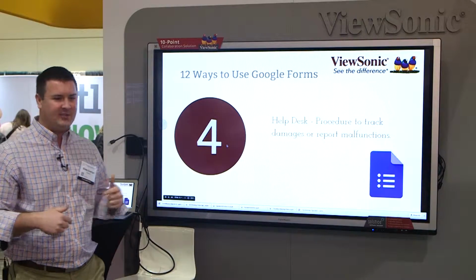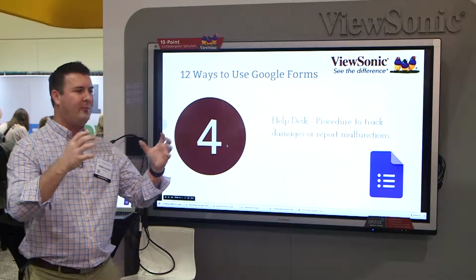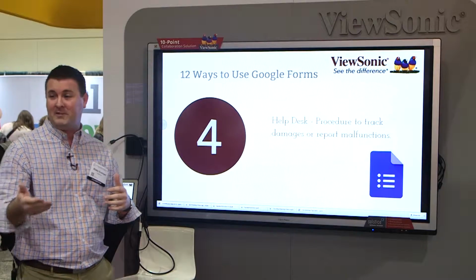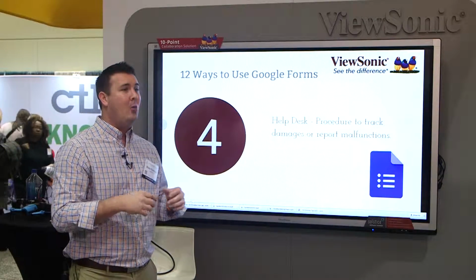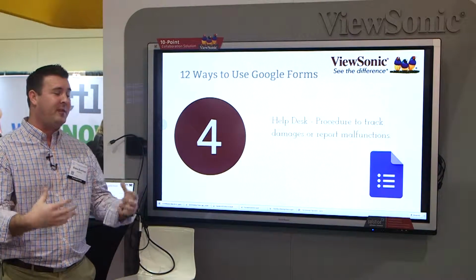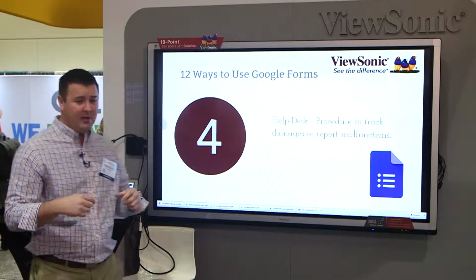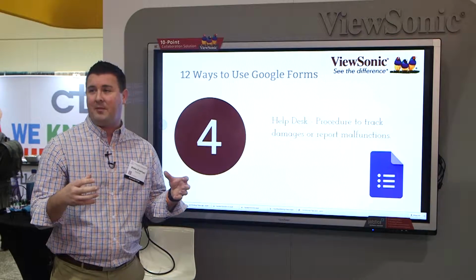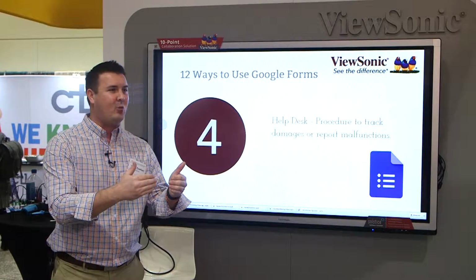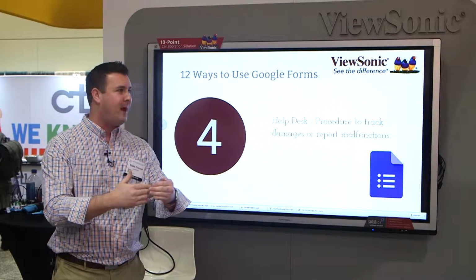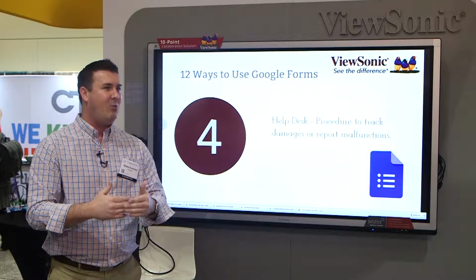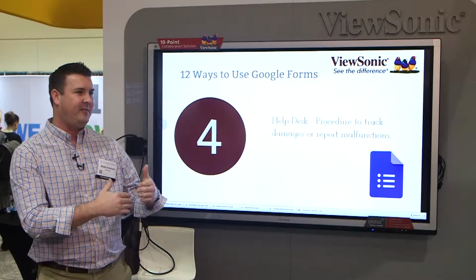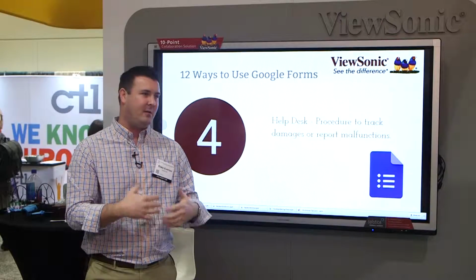Help desk procedures: just being able to create a form for a help desk that students or teachers can fill out. Within that form, you can also search, especially if you're talking about a technology help desk type of situation. You can also track which devices are being broken and by whom, or which lab and why. Is it because of age? Is it because of just miscare by a student in particular?